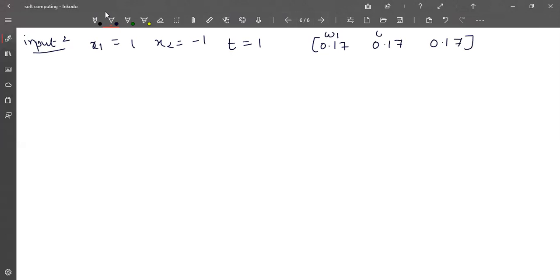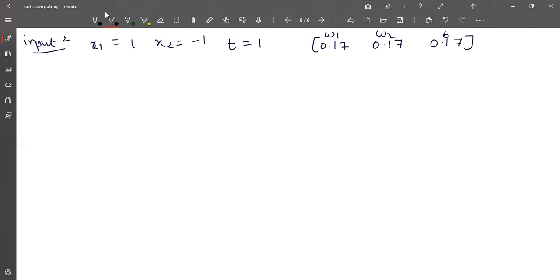Now these updated weights are used to calculate the second input. So if we remember, for second input, x1 is equal to 1, x2 is equal to -1, and target is equal to 1. And the weights are 0.17, 0.17, 0.17, W1, W2, and bias.